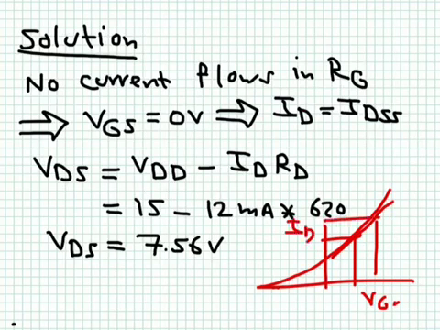So if you apply a small fluctuation here, this will reflect on a certain fluctuation here. Every point on this curve will have a different slope. So biasing means we're selecting the proper DC values so that we can determine the slope, the value of the gain we're going to be getting.